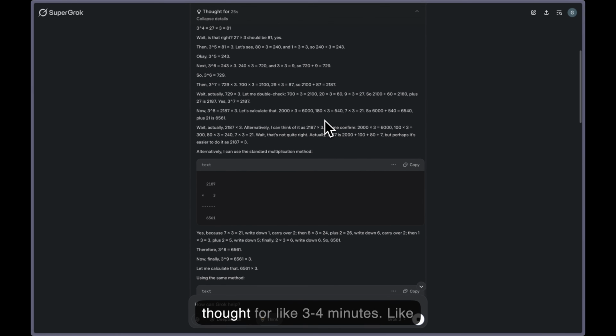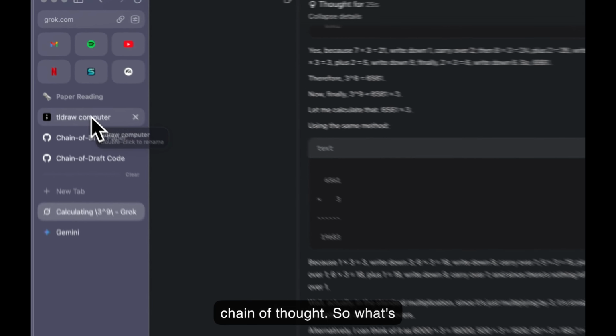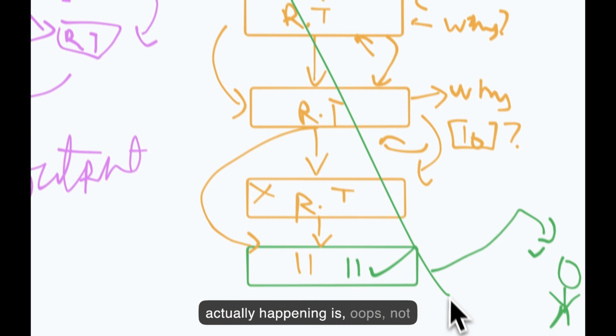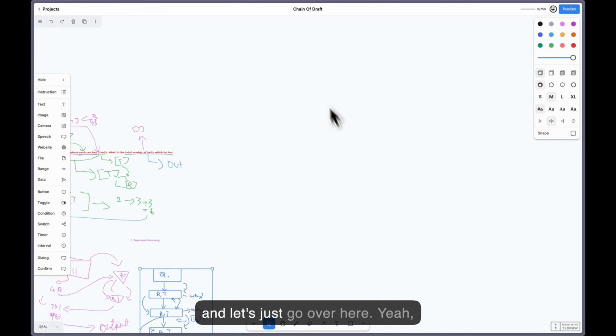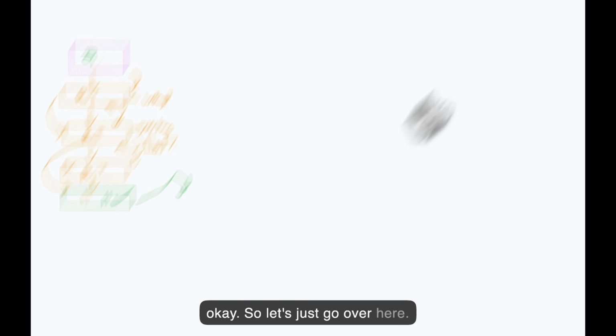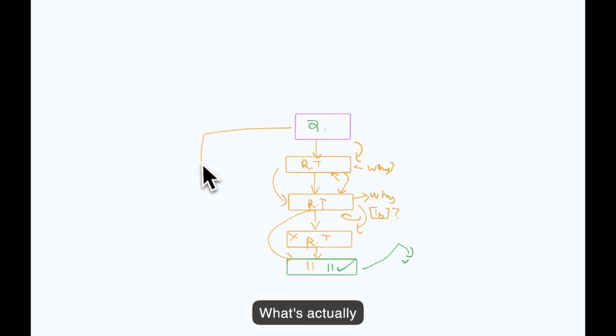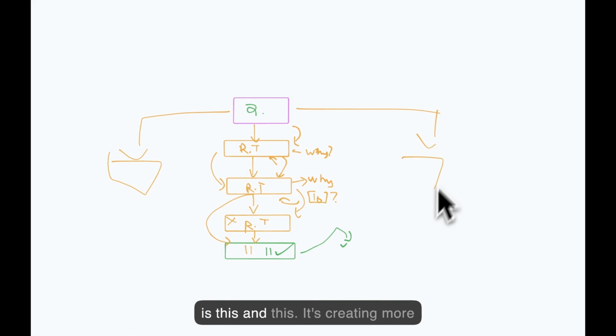This is actually called multiple chain of thought. So what's actually happening is, let's assume this is the architecture diagram over here, and let's just go over here. What's actually happening is these and this.